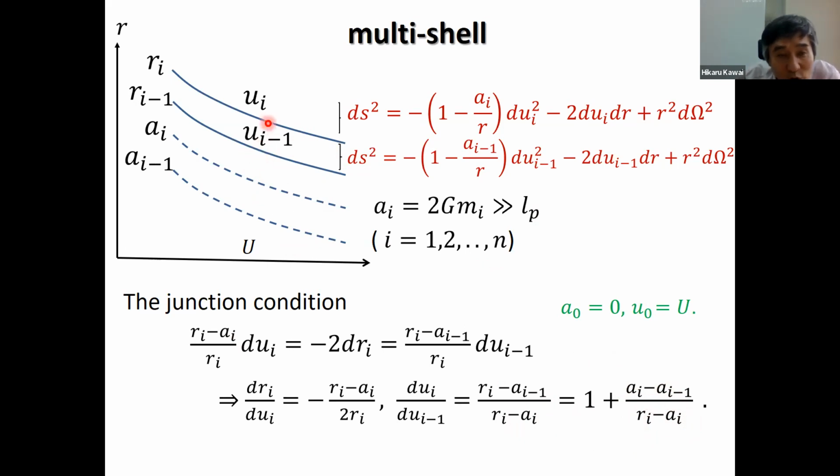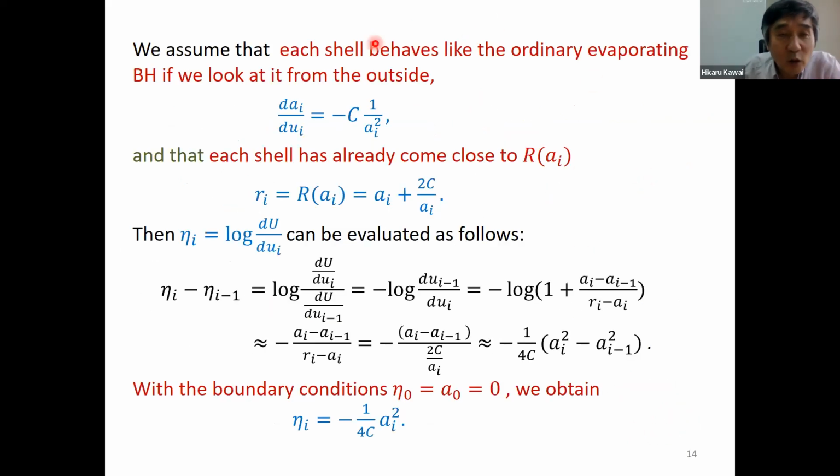If we take the continuum limit, this one is small, but this one is not so small. And also we assume that each shell behaves like the ordinary evaporating black hole if we look at it from the outside. So this is the equation we use.